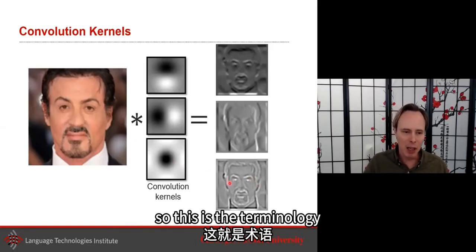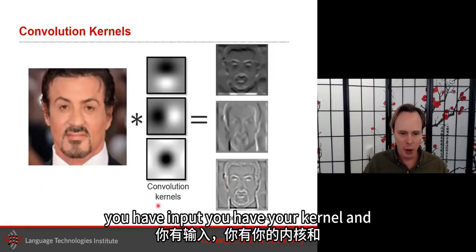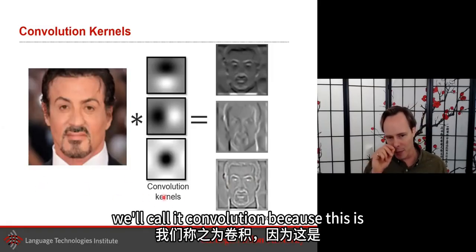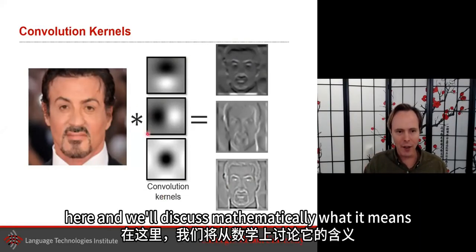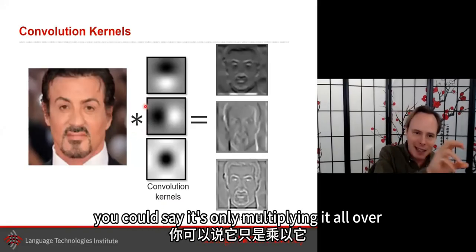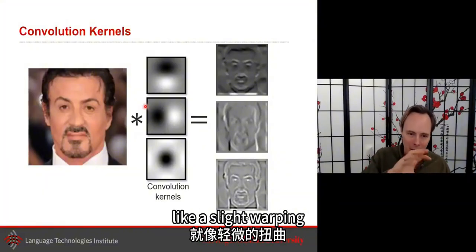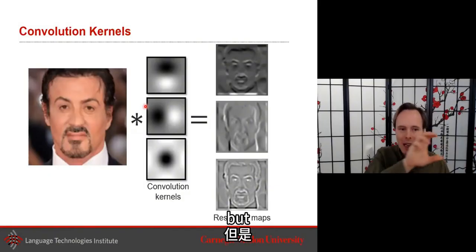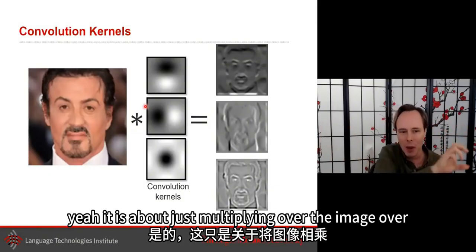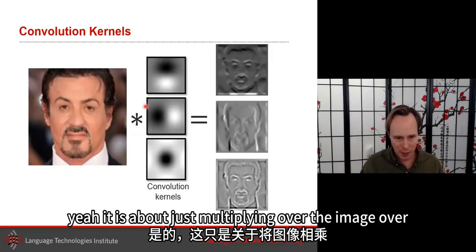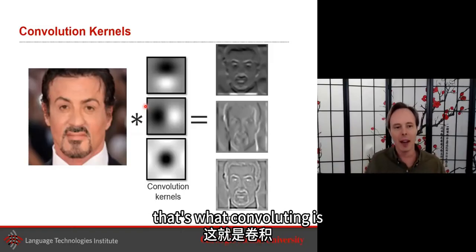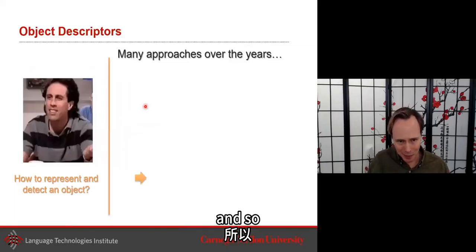So this is the terminology. You have the input, you have your kernel, and we'll call it convolution, and we'll discuss mathematically what it means. You could say it's only multiplying all over, but there's a slight difference, a slight flipping of the kernel. But yes, it is about multiplying over the image, and that's what convolving is.